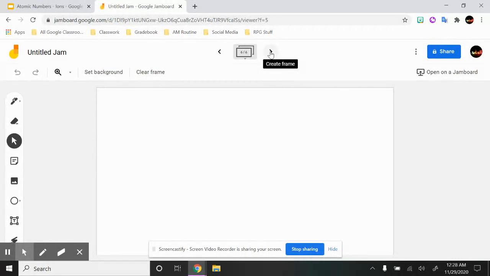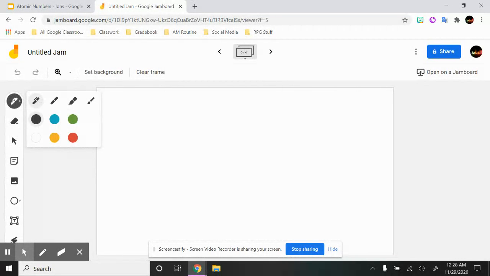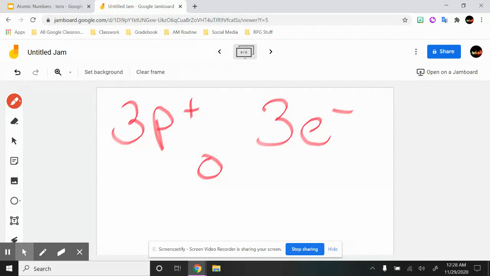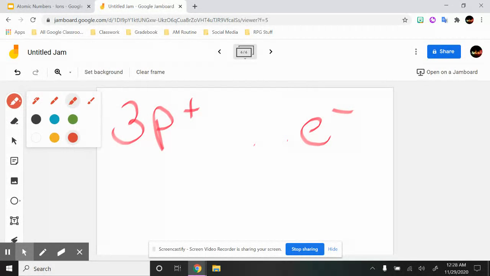If I have 3 positive protons and 3 negative electrons, that charge is going to come out to 0. But let's say I lose one of these electrons. I lose an electron, and now I only have 2.